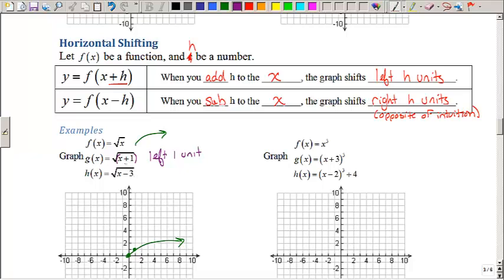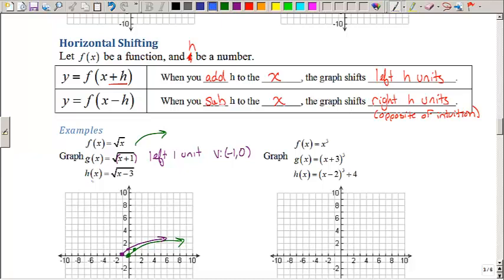On the inside is opposite of what you might think. So if I take my vertex and I move it left 1, my new vertex is going to be at -1, 0. Notice it's the x value this time that is being shifted. To get to my next point, either I can move the key point over 1, or I could go right 1, up 1 from my vertex, and then I can sketch my graph.